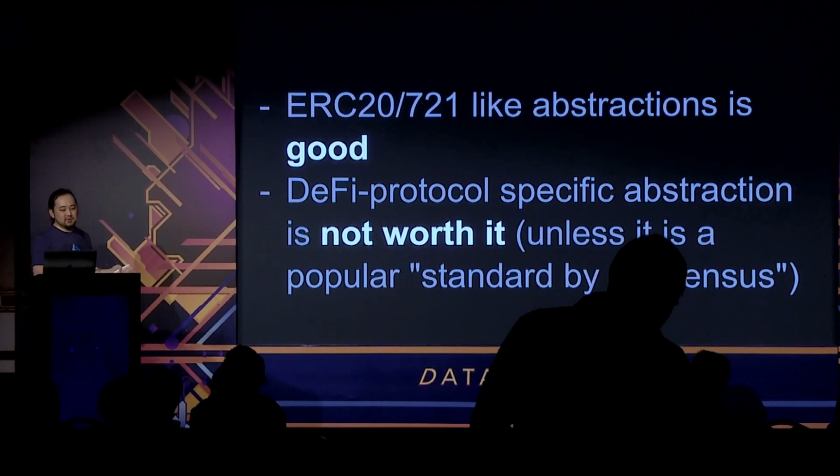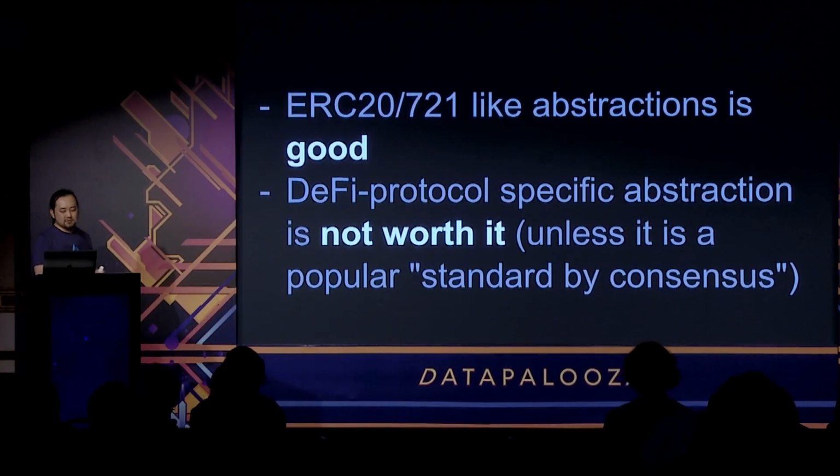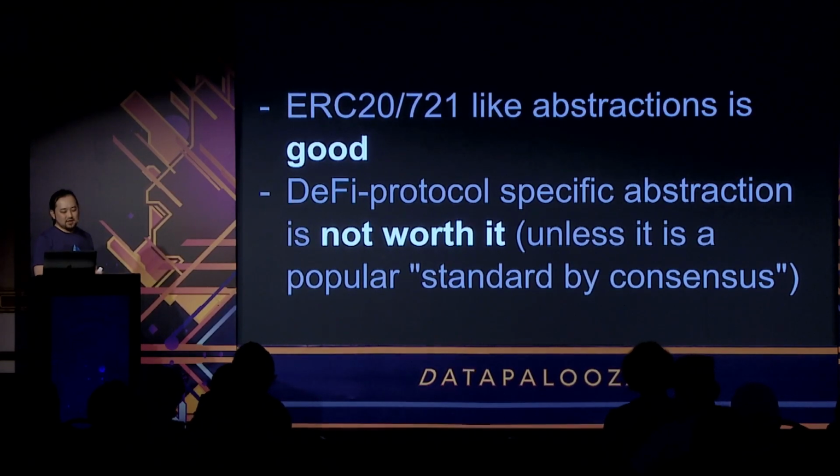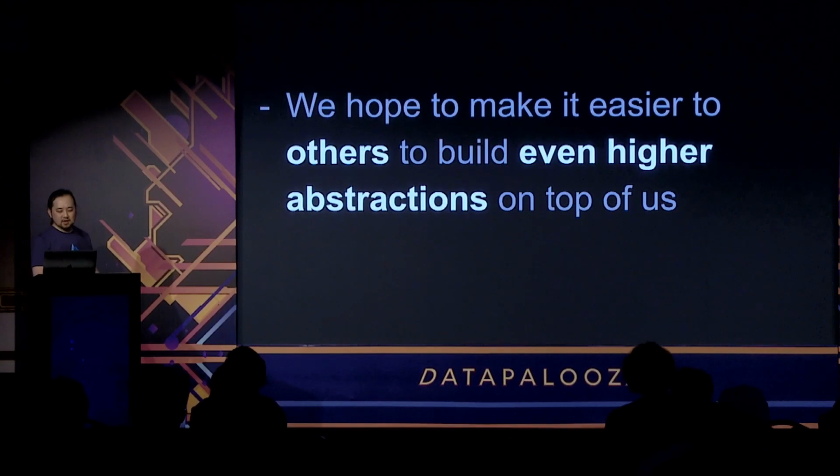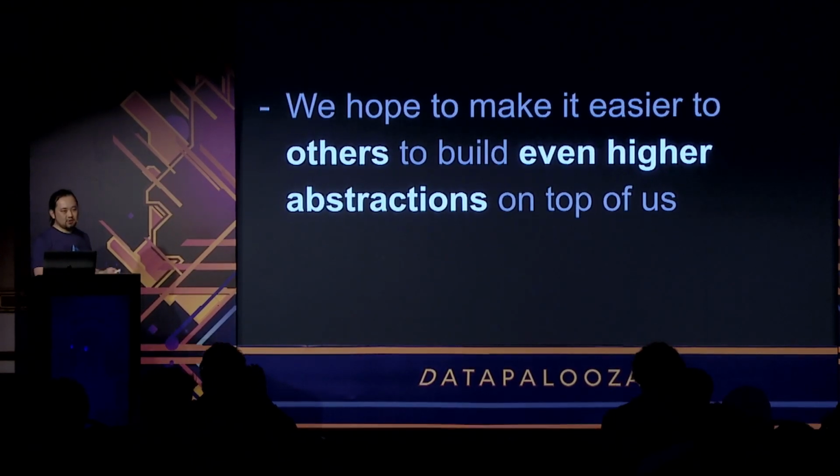But having a very specific method for a specific DeFi protocol, for example, is not worth it because you don't know the future of this protocol. You will have to maintain it forever. We think it's not good to try to invest in this area. What we think is that eventually other people can build more specific, higher-level abstractions on top of our APIs, and that's our current approach.